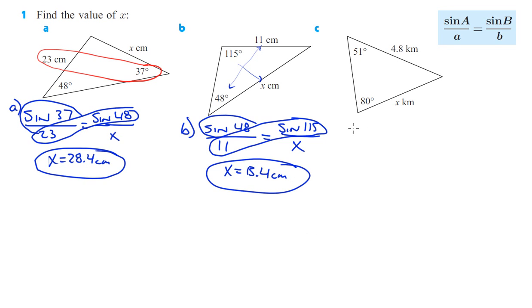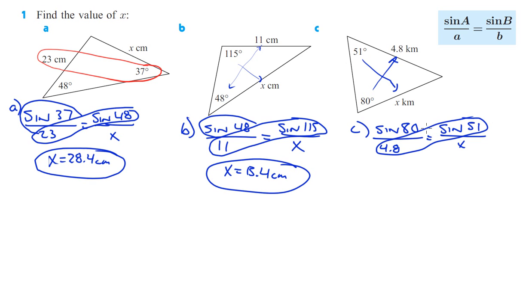Okay, and then for C, we've got the angle and side across from it. So we'll do sine of 80 degrees over 4.8 equals sine of 51 over x. Cross multiply and divide.